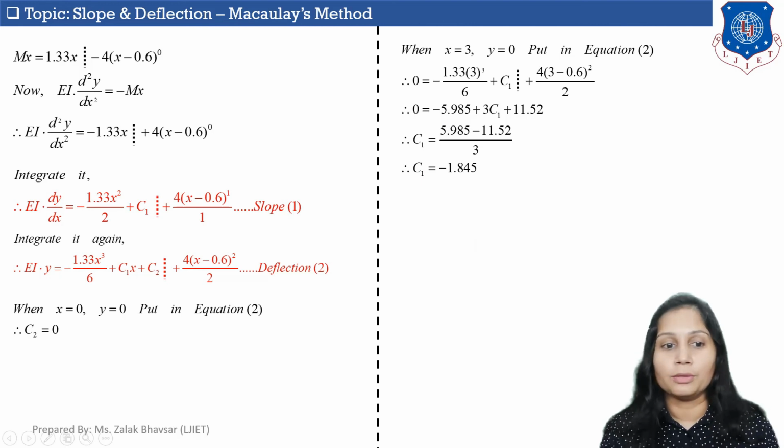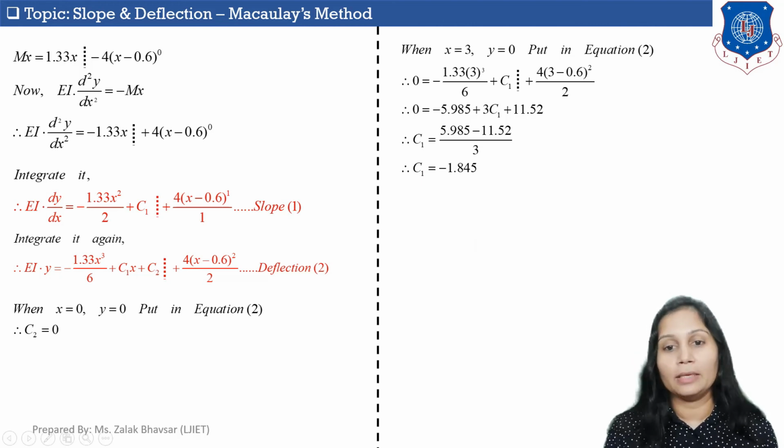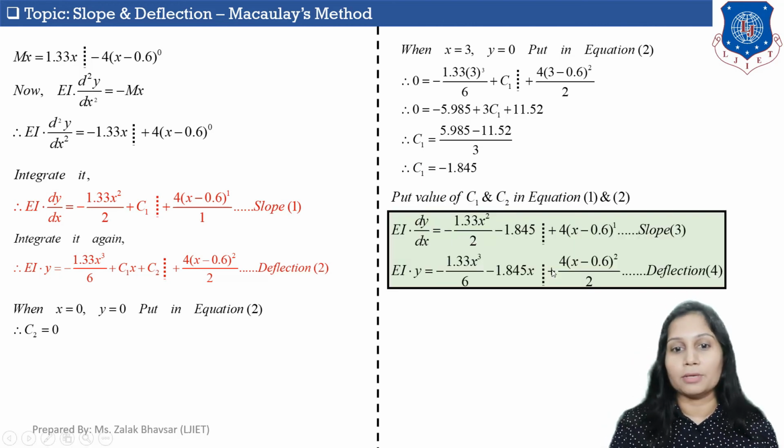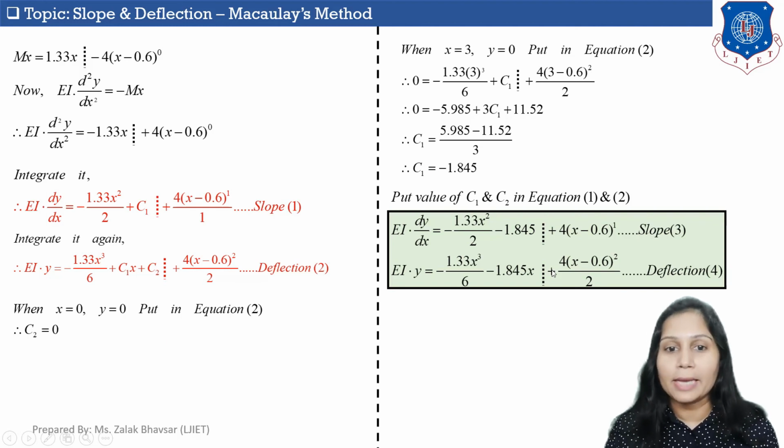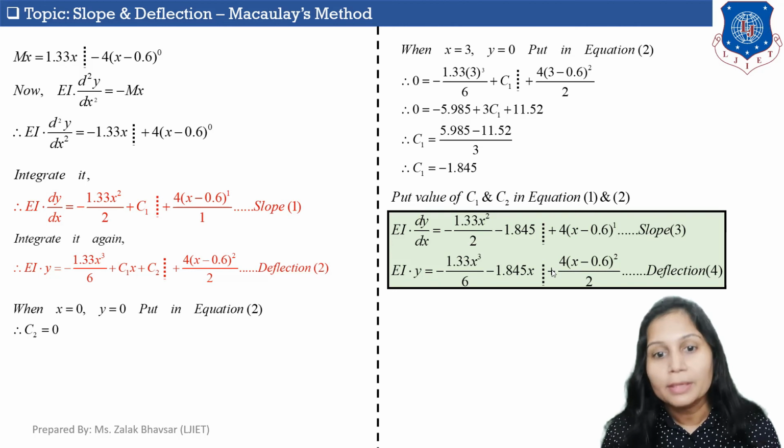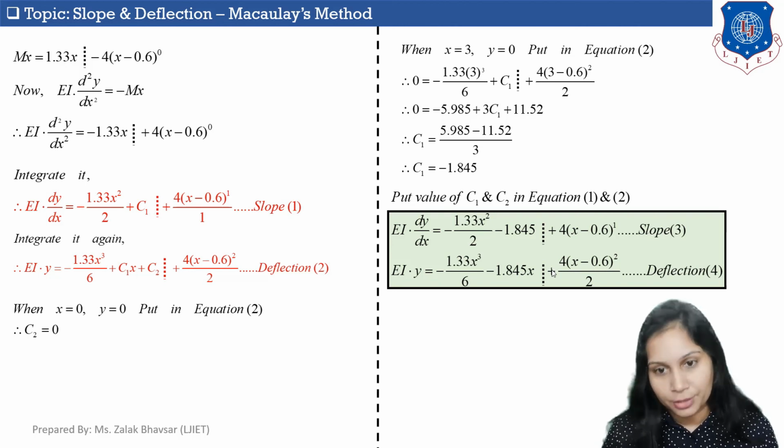So if I put the values of C1 and C2 in equation number 1 and equation number 2, then I will get the final equation number 3 for calculation of slope and equation number 4 for calculation of deflection.